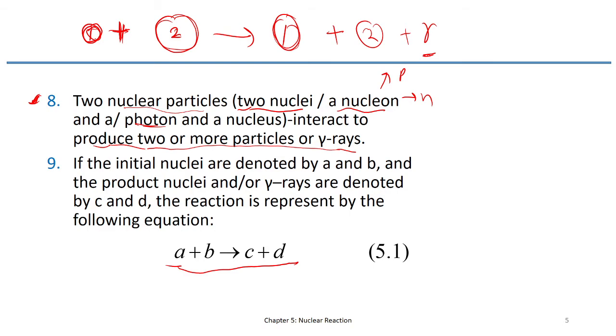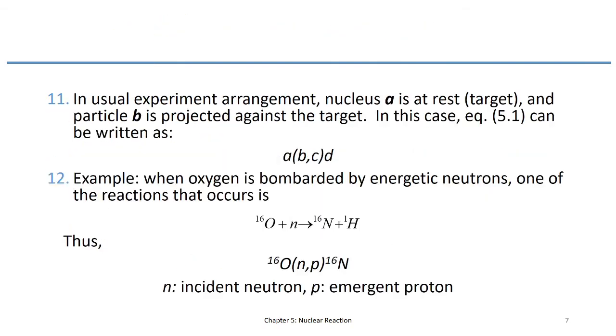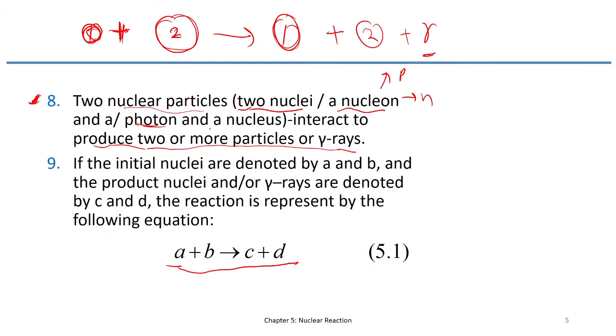So in general, if there are two types of product after the reaction, then you write, before the reaction, the first entity involved and the second entity involved.